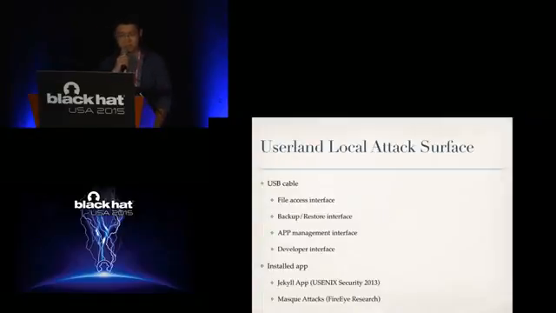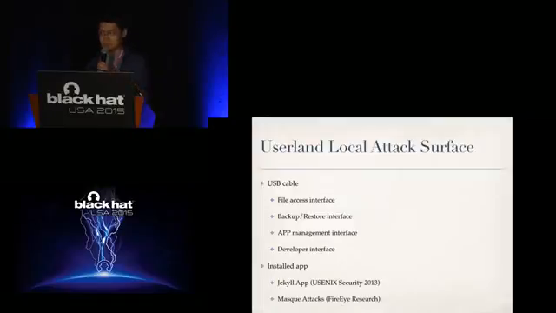First, let me introduce the userland attack surface. We divided the userland attack surface into two big categories, local and remote. And in local, there are two kinds of attacks. The first is through the USB cable, which means you connect your iOS device to your laptop.